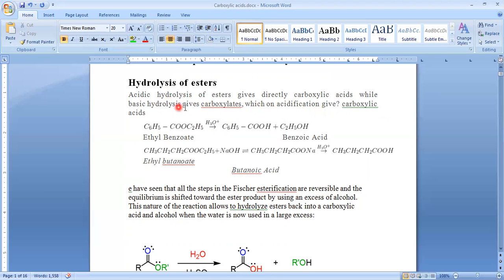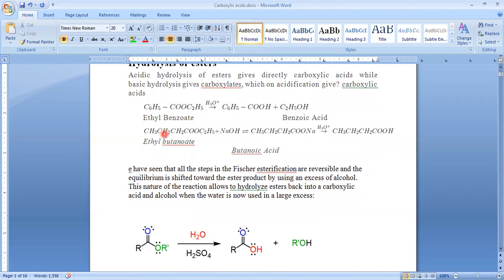Both are the same. In the first case, acidic hydrolysis or acidification of ethyl benzoate gives benzoic acid, an aromatic organic acid, along with ethyl alcohol. Next, look at the basic hydrolysis. Again we have taken an aliphatic ester.